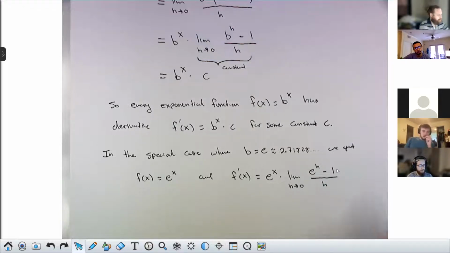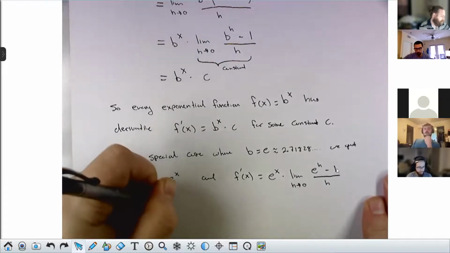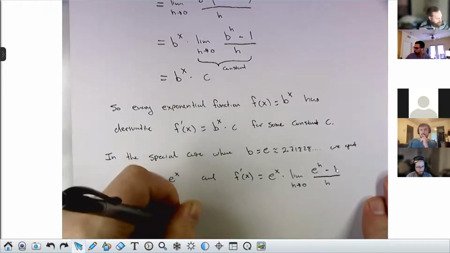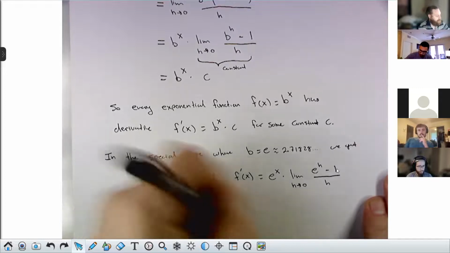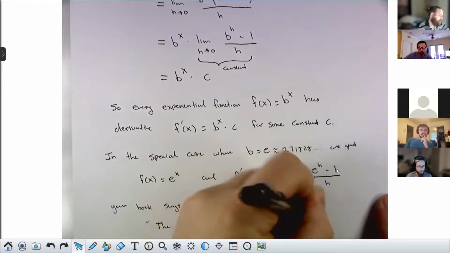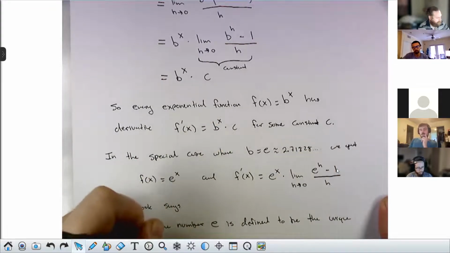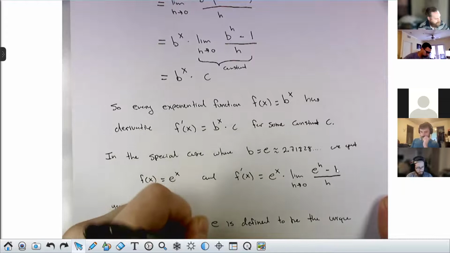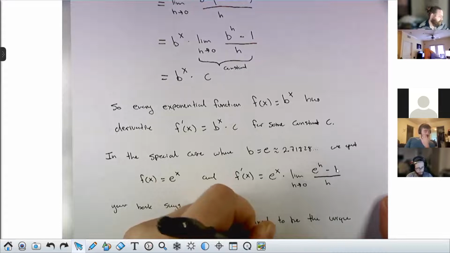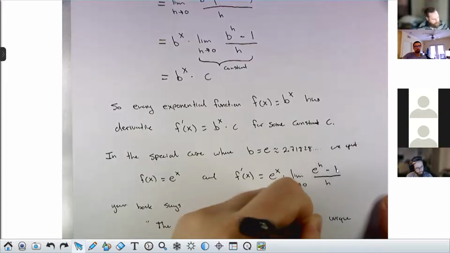What your book does is they say, the number e is defined to be the unique number such that the limit as h goes to 0 of (e to the h minus 1) over h equals 1.